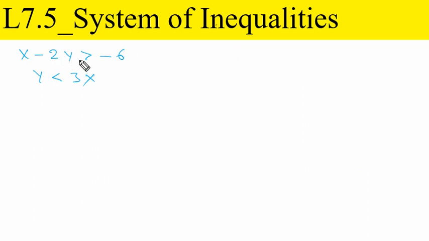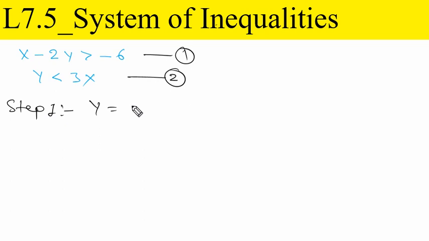You have x minus 2y more than minus 6, equation 1, and y less than 3x, equation 2. Step 1 is, first you need to change these equations into the form y equals mx plus b. For simplification, I will use the equal sign instead of the inequality. From equation 1, you bring this positive x to this side, so that will become negative x.